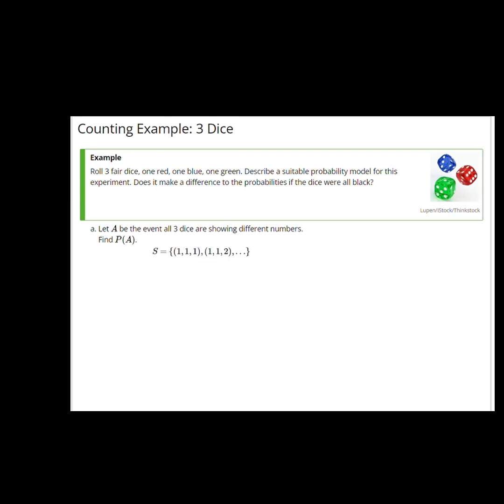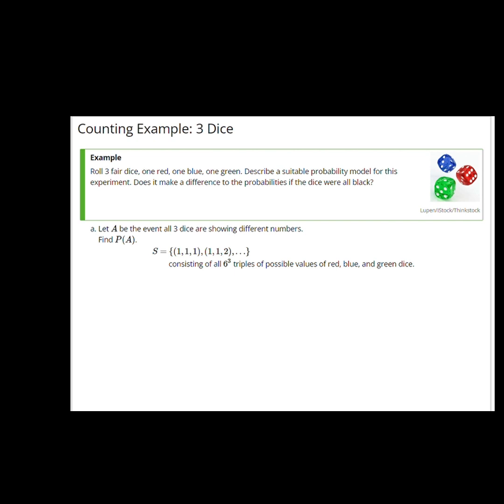First, the sample space consists of triples of numbers like 111, 112, and so on, showing the possible values on the red, blue, and green dice, respectively. Since there are 6 possible numbers on each die, there are a total of 6 cubed such triples in the sample space.